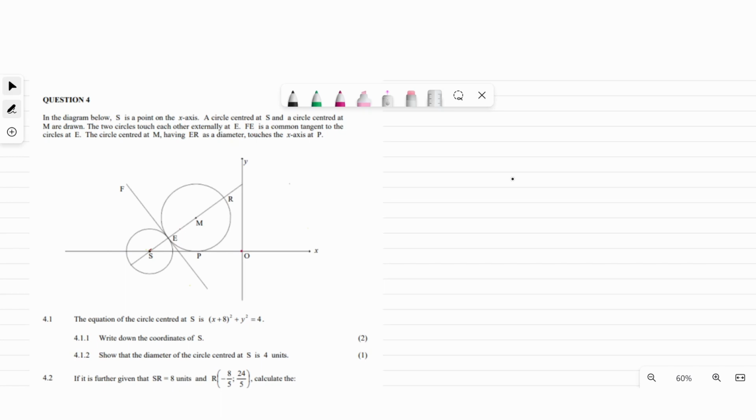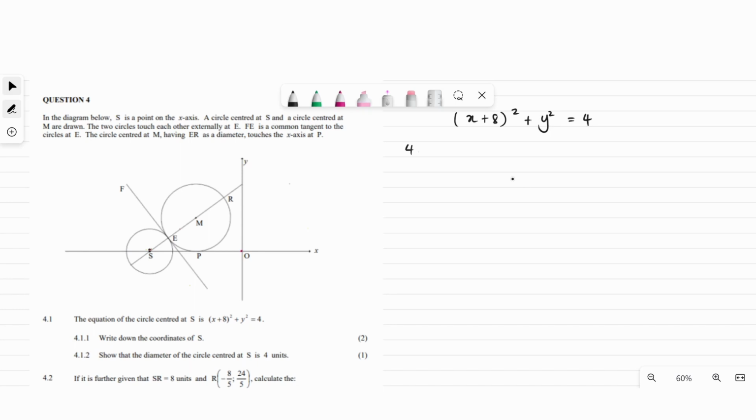They say the circle centered at M has ER as a diameter and touches the x-axis at P. Then 4.1 says the equation for the circle centered at S is given: x plus 8, all squared, plus y squared is equal to 4.